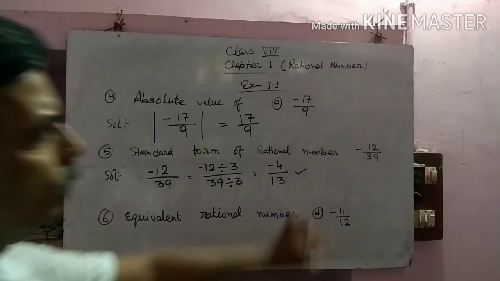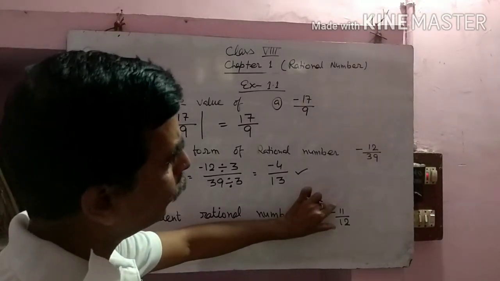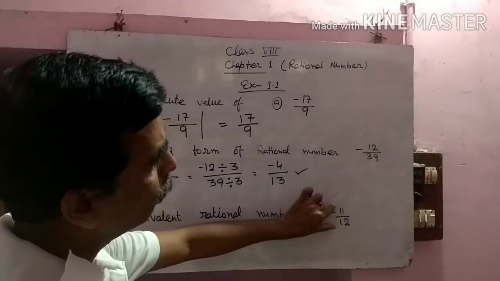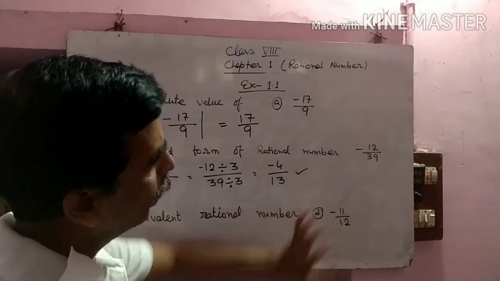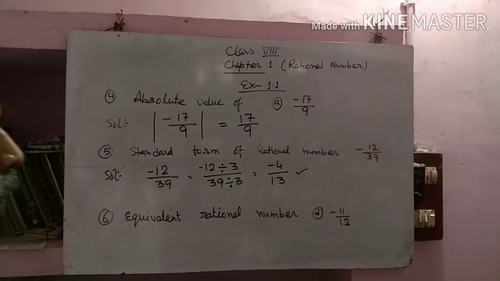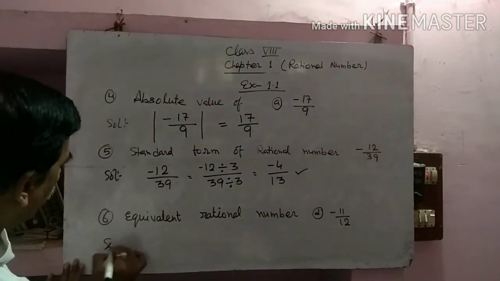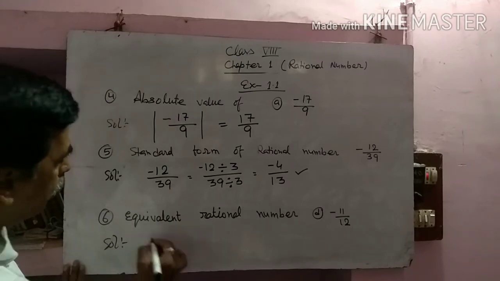So these two numbers are in the form of co-prime. There is no number except one which can divide 11 and 12 both. So to get the equivalent rational number, we have to multiply by a common number.